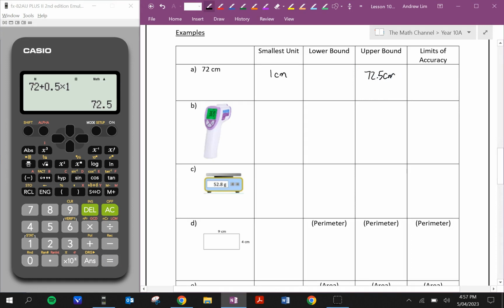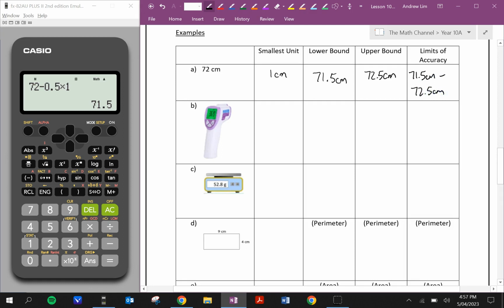And the lower bound, we could do 72 minus half of the 1, 71.5. Right? And therefore the limits of accuracy is between this and this. 71.5 centimeters to 72.5 centimeters.